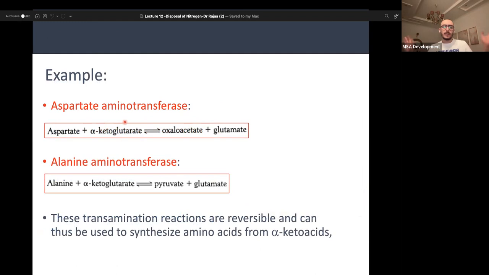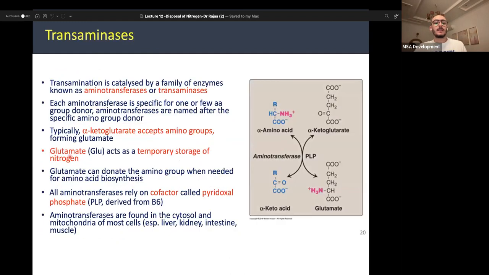In all transaminase or aminotransferase reactions, glutamate will be the same and will be a part of the whole reaction for any transamination reaction, because it is the safe carrier of nitrogen in your body. You can just imagine it as the taxi of nitrogen.